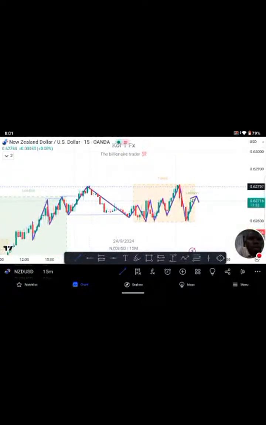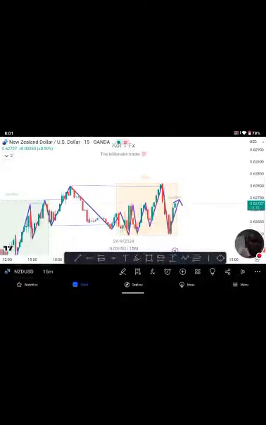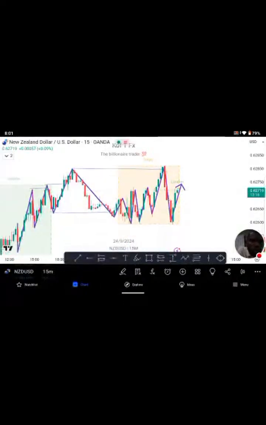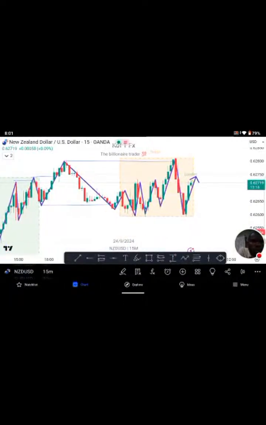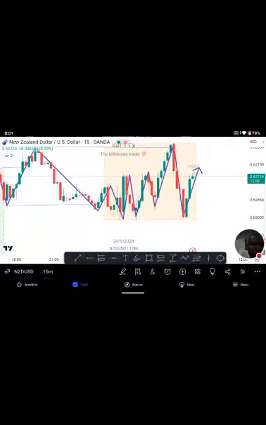Then D is the third one. However, let's consider what is here, this minor structure, all this area, the pool of liquidity like equal lows, which price is likely to come back and clear out.